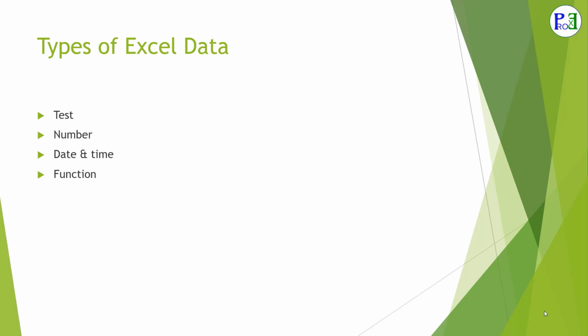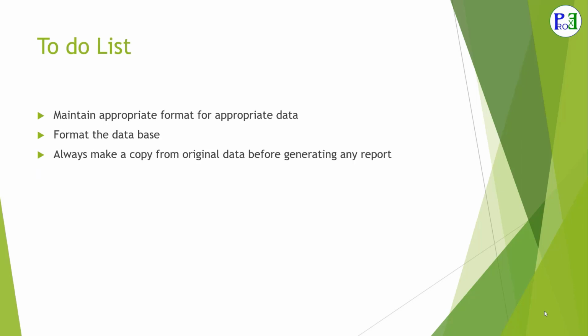So what to do and what not to do with your database so that we can manage the data in future. The to-do list is: maintain appropriate format for appropriate data. If you are maintaining text in a particular column, you should keep all text data in that column.